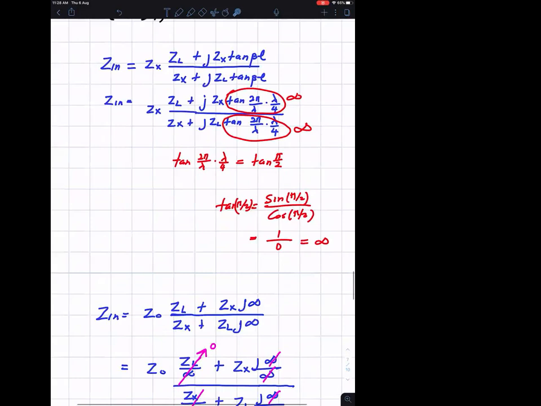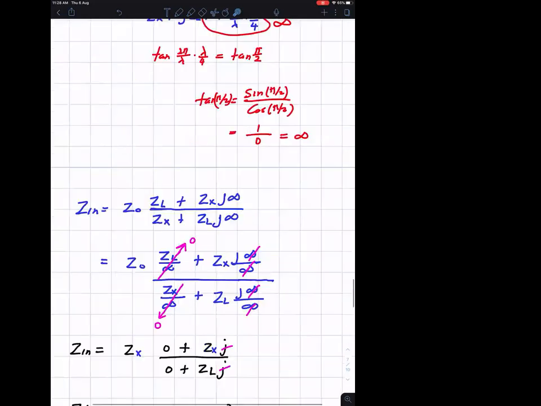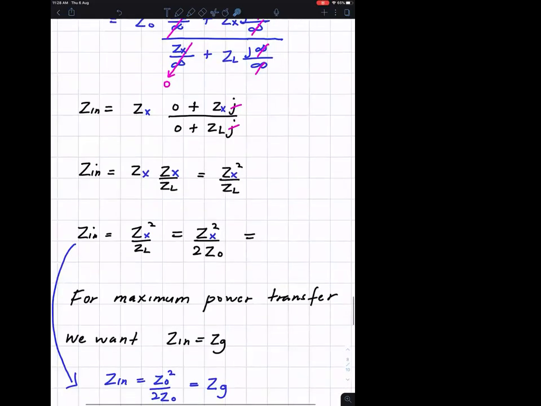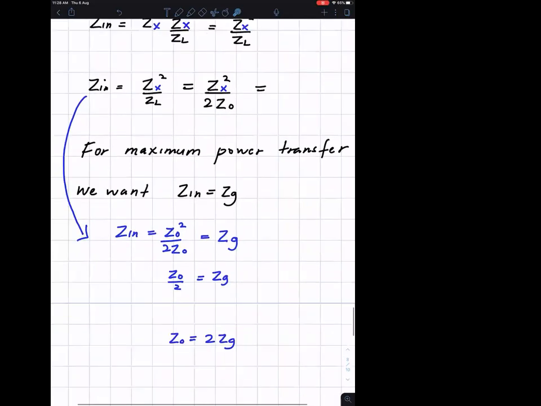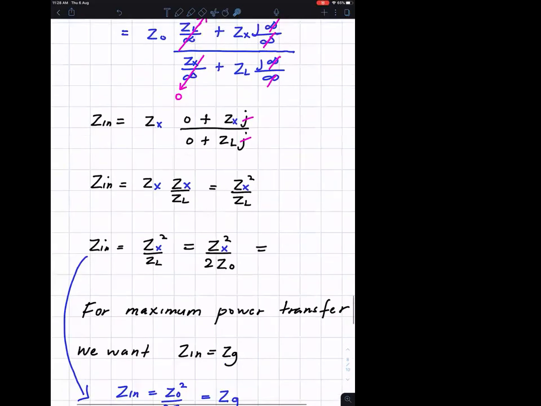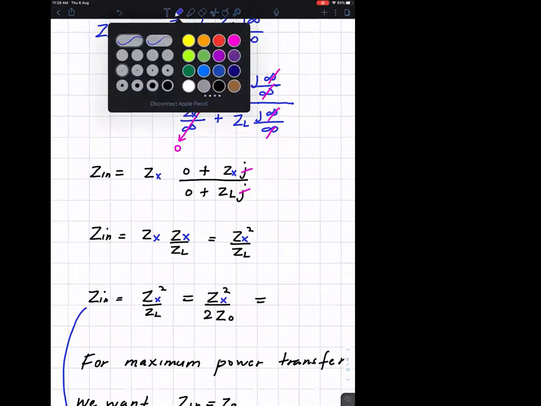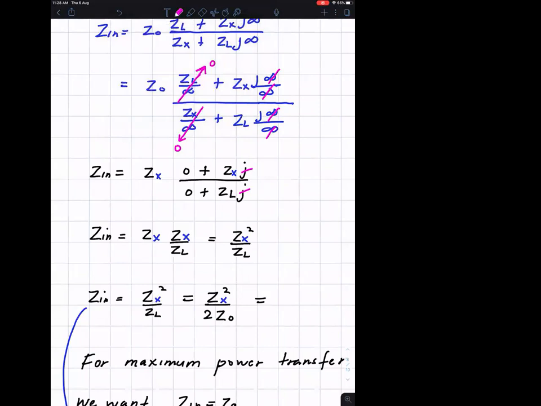The most important thing to look at is quarter wavelength. Your equation reduces, at quarter wavelength, to Zin equals the characteristic impedance squared divided by the load impedance.